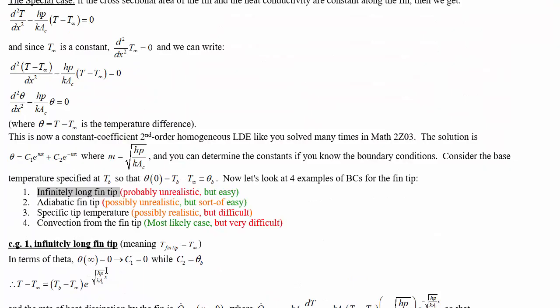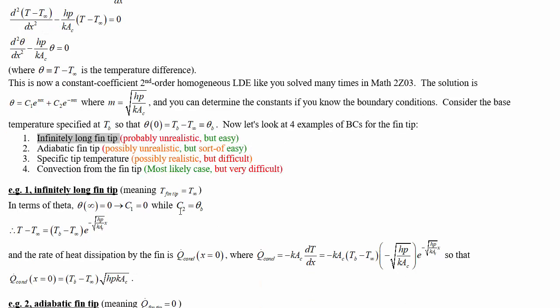That leads to the first coefficient being 0, because you can't have a positive exponential term sticking around if it's got to go to 0 as x goes to infinity. So that means that C2 has to be the value at the base, and we end up with this temperature distribution. To find out what the rate of heat dissipation by the entire fin is, you substitute x equals 0 into the heat transfer.